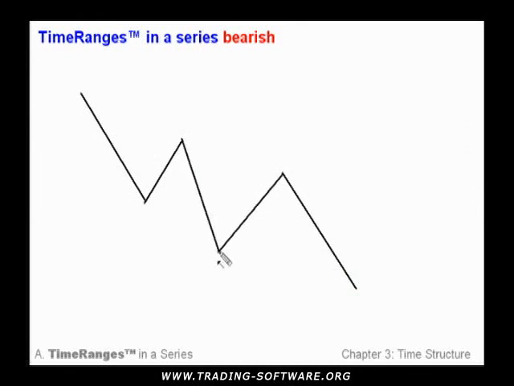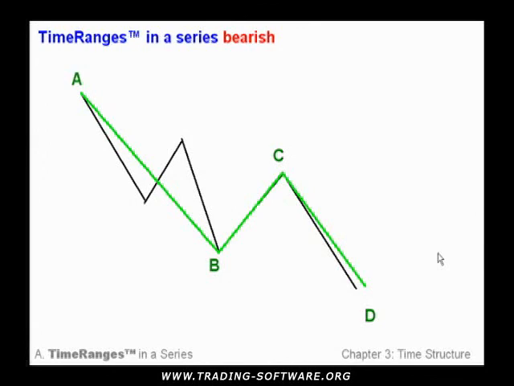Here the time range is wider. So now we have to redraw the dominant measure move around this series of pivots. Now CD seems to be not as long as AB.